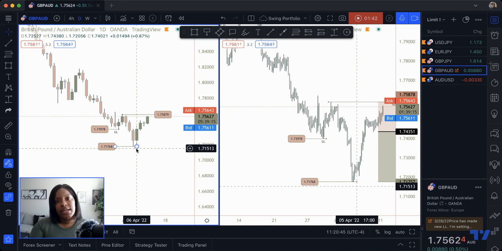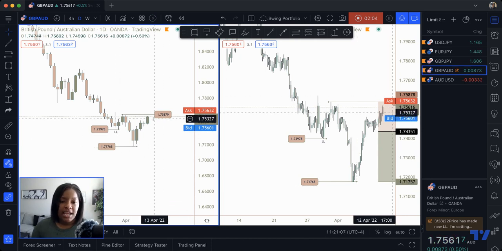In order for us to want to take a sell on pound AUD, we need price to stay below 1.75879, because what we trade is supply and demand. Basically, what price are the Australians buying the pound? The last highest price that they bought pound for was at 1.75879, around this area.